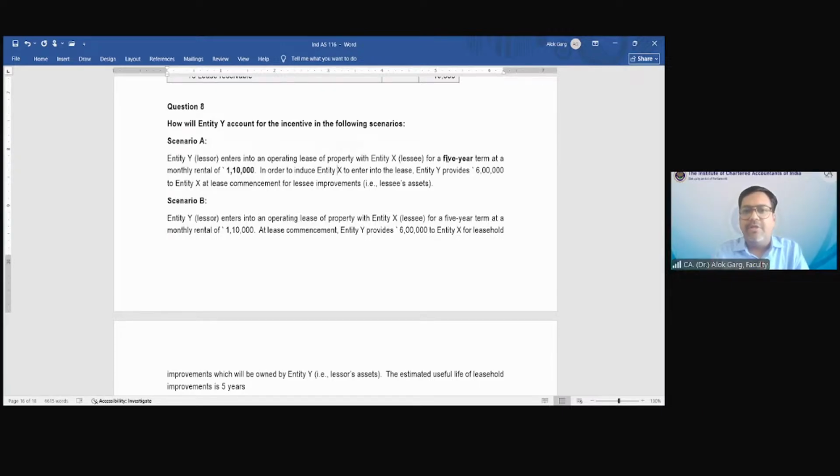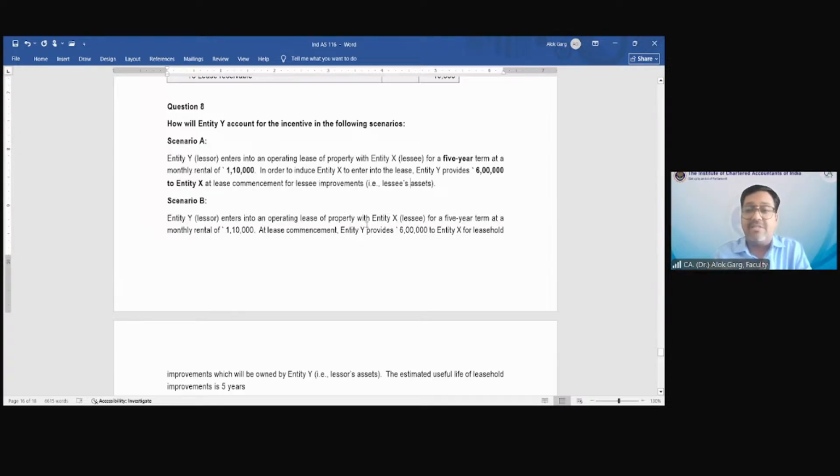In order to induce entity X to enter into the lease, entity Y provides 6 lakh rupees to entity X at lease commencement for lessee improvements. The lessor gave 6 lakh rupees so that you can do your leasehold improvement, meaning you can renovate your lease premises.